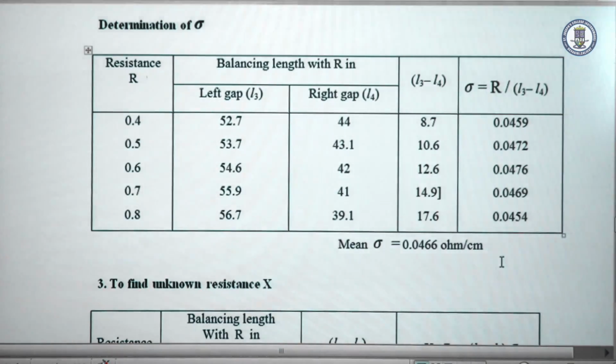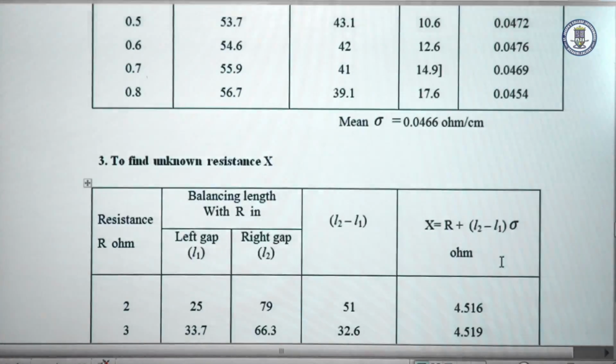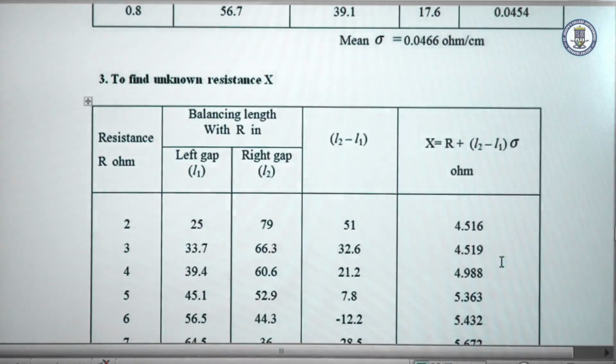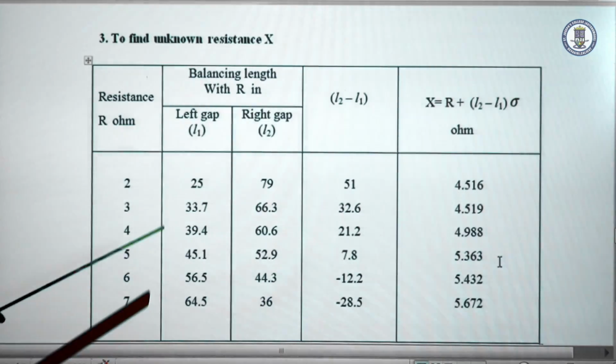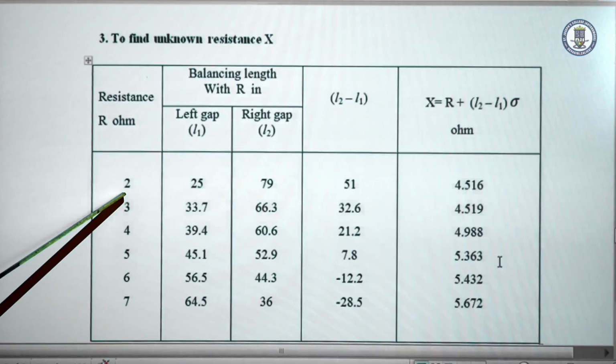So that is the resistance per unit length of the Carey Foster bridge wire. Then for the determination of unknown resistance X, we used resistances 2, 3, 4, 5, 6 etc. in the resistance box. With the unknown resistance X in the left gap and the known resistance R in the right gap, we obtain the balance length as 25 for R equal to 2.